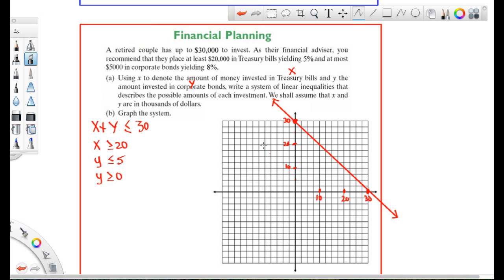And this axis is the y-axis, which is the bonds, and it's in thousands of dollars. And this one was the Treasury. How do you spell that? Treasury. And this one is also in thousands. So greater than or equal to 20.